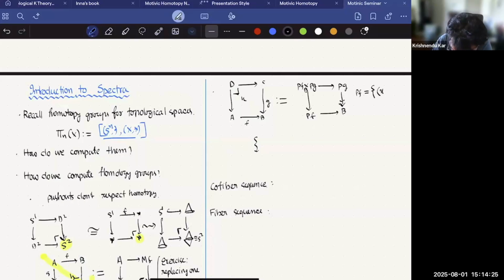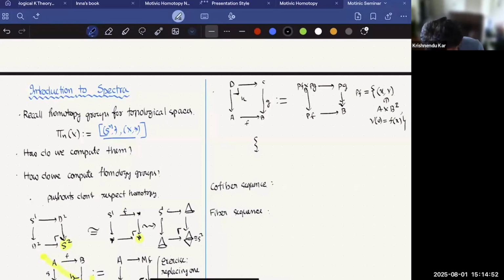This is all your paths in B, all the paths in B that start at the image of F.